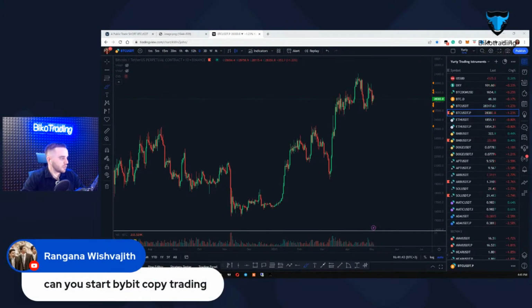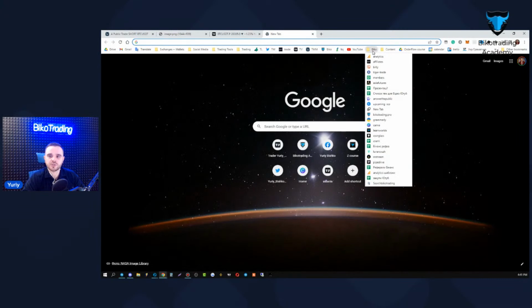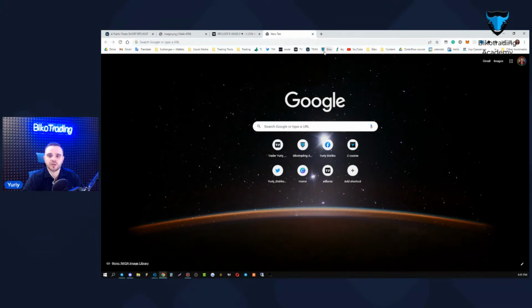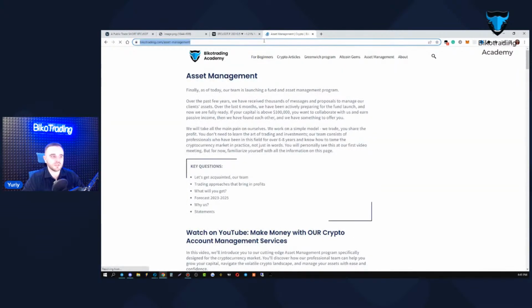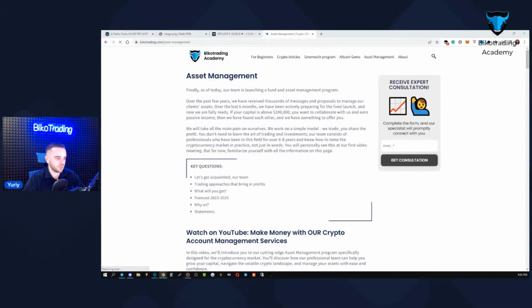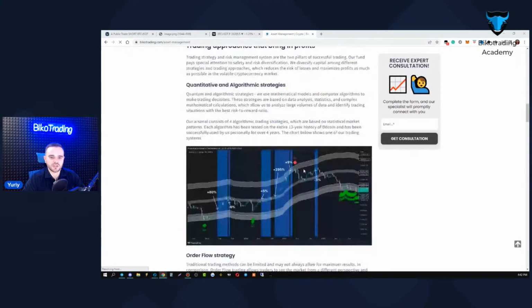Ragana, can you start Bybit copy trading? Yes, we will start Bybit copy trading soon. Tell me what your account size is, because for copy trading, with my team we are starting asset management, and here you can read all the details and the three strategies that we use.